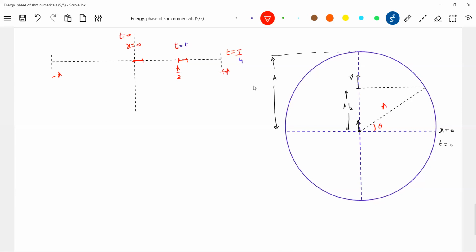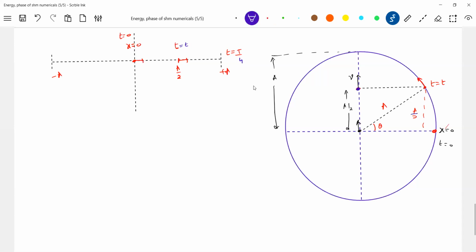So this is a, so this will be a by 2. The particle, after some time, will be here. Its projection will be here, no? Actually, there is no particle moving in a circular path. For our convenience, we are just making an imagination.